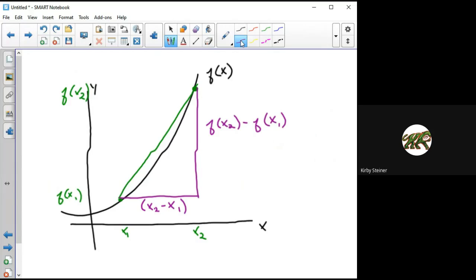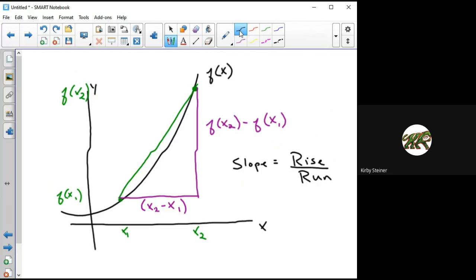So if I want to know the slope of this line, which is the hypotenuse of this right triangle, I know that slope is equal to the rise over the run of a function. Right? The slope of a function we know is equal to the rise divided by the run.